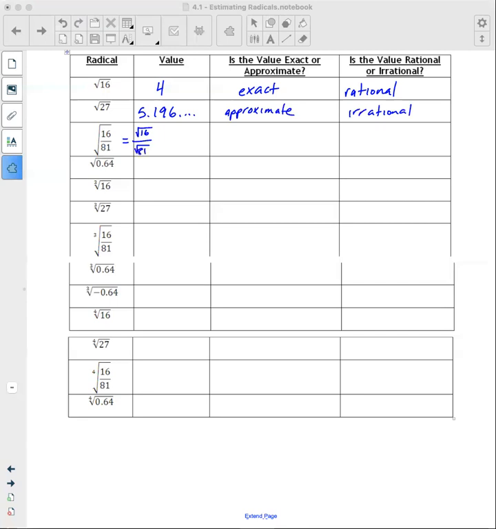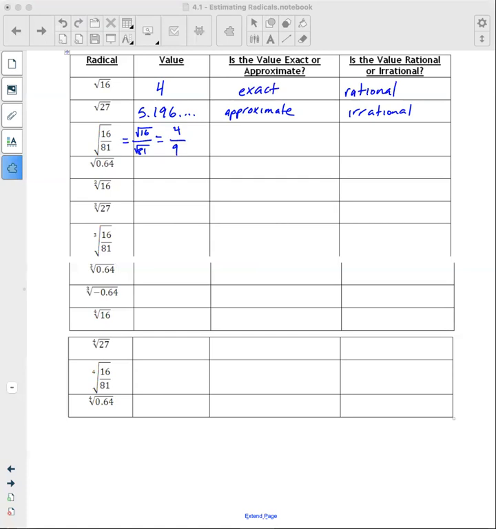Hopefully these numbers are familiar to you guys. So the square root of 16 is 4, and the square root of 81 is 9. Okay, so if you were to put this into your calculator, it would be a repeating decimal.